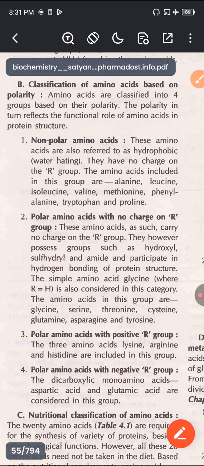The simplest amino acid is glycine. As you all know, glycine is the simplest amino acid, with no side chain on the R group, not any functional group in the R group. It is also considered in this category.